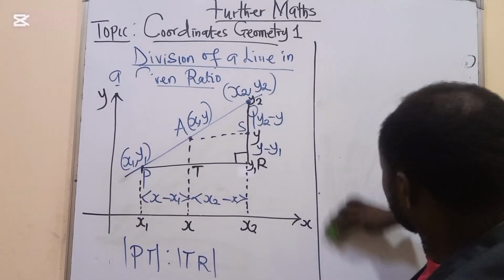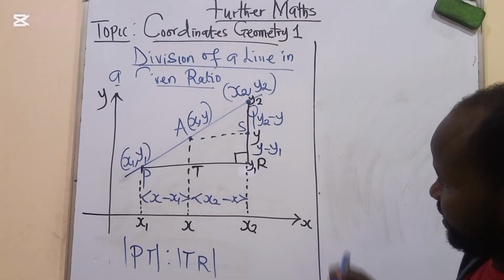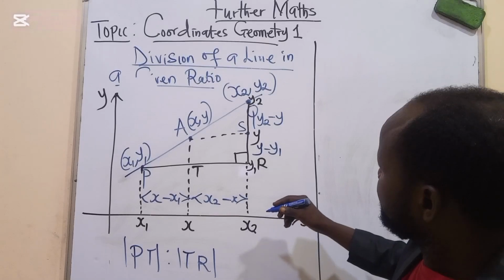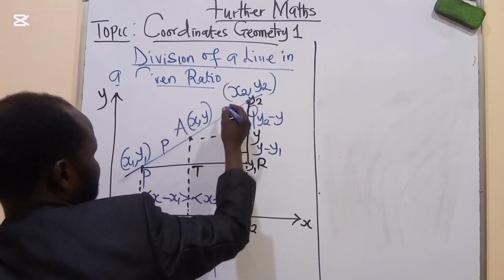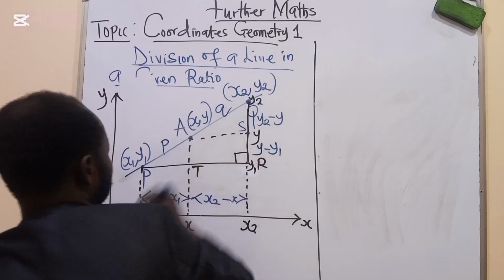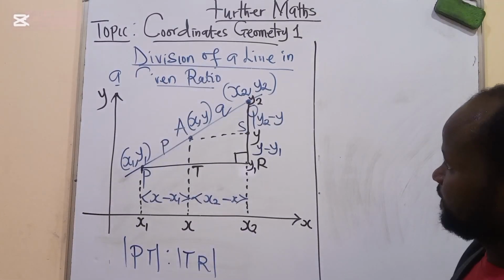It means from here, we realize that if here is Q, let's say here is small letter p and here is small letter q.